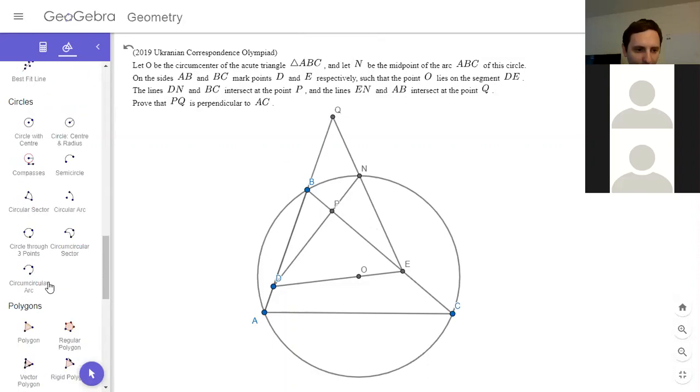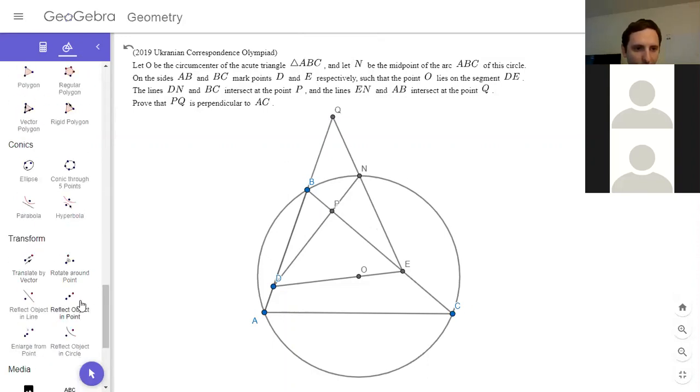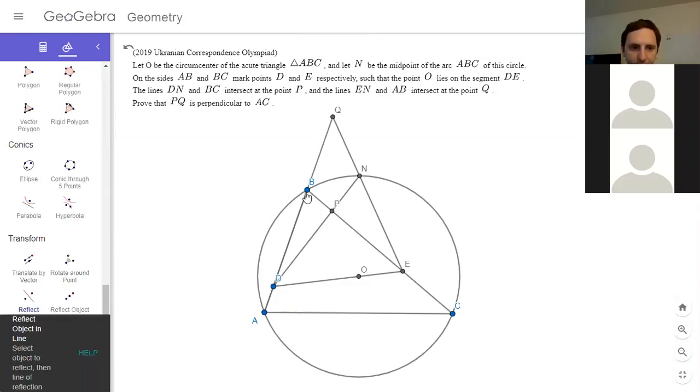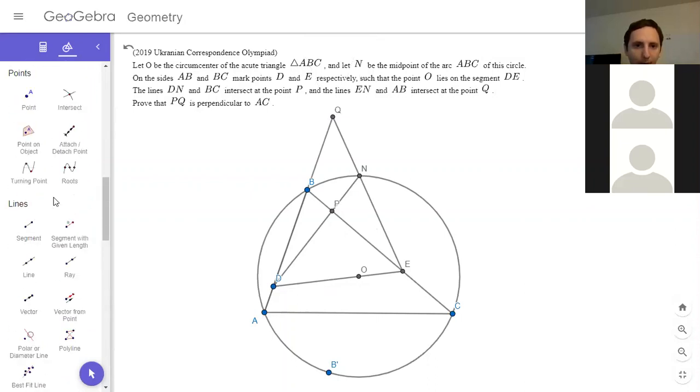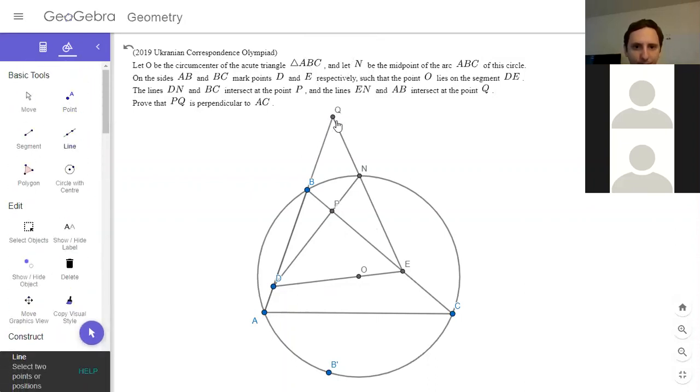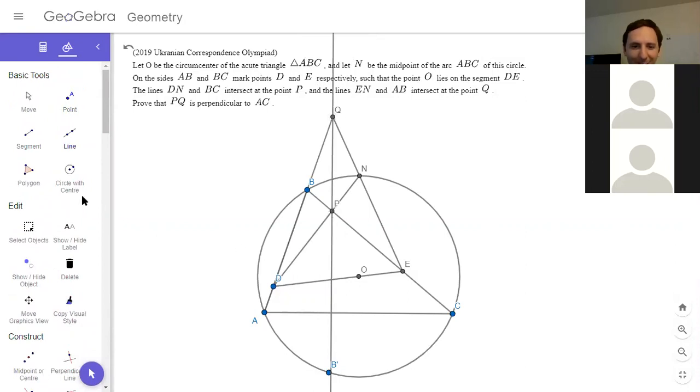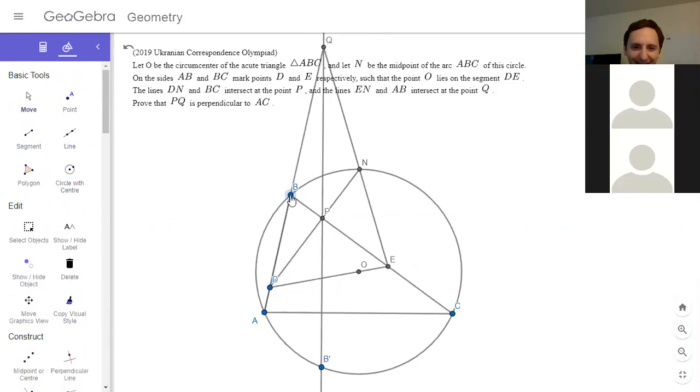I think I did this in like video 99 on my channel. But yeah, if you reflect B over DE, it lies on the circle. I wonder if PQ and B prime are collinear. Ah, so close. But not quite.